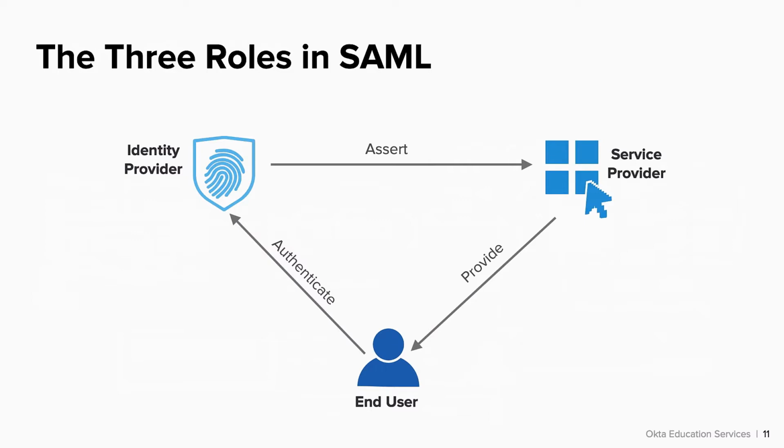At that point, the service provider application can make a control access decision as to whether or not it is going to allow the end user to have access to its services. Essentially, that assertion is going to tell the service provider that the user has already been authenticated inside of an identity provider at a certain time using a specific method.